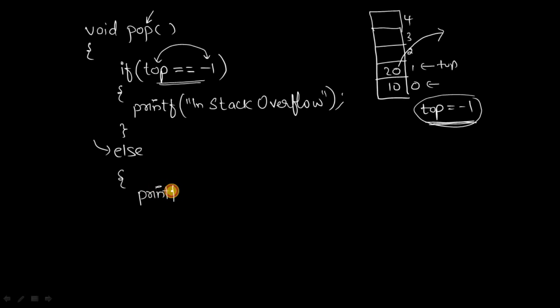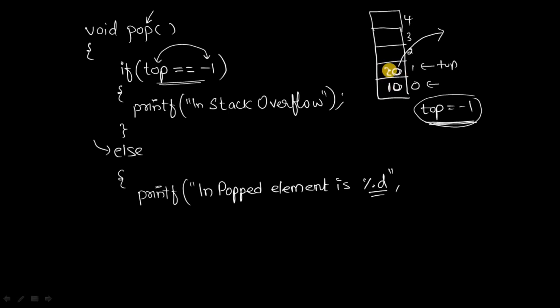So printf, in a new line, deleted element is or popped element is %d.